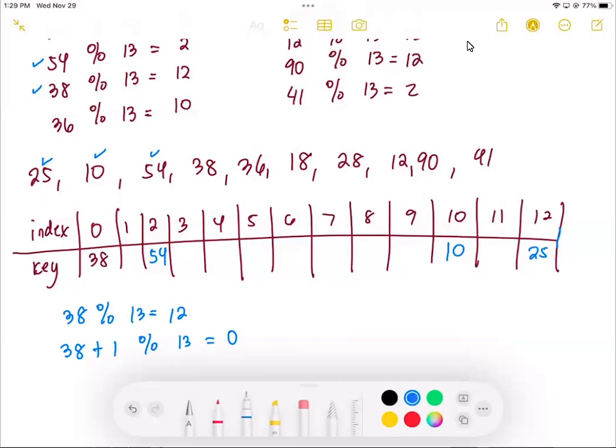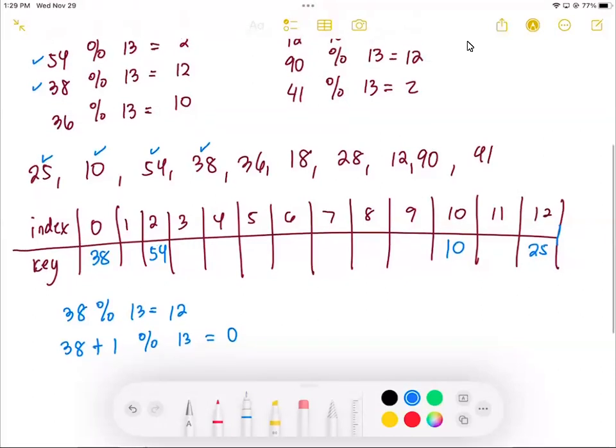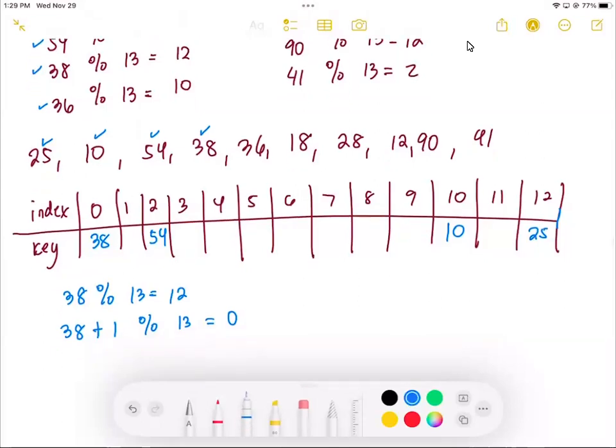Oops, let me change. It's supposed to be blue. 38 here. Okay, now we are done with 38. Let's look for 36. 36 modulo 13 is equal to 10. So we are supposed to put 36 here, but the 10th bucket is already occupied.